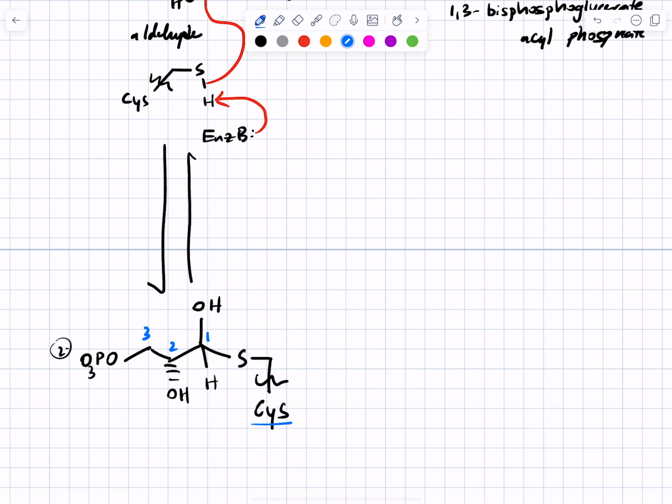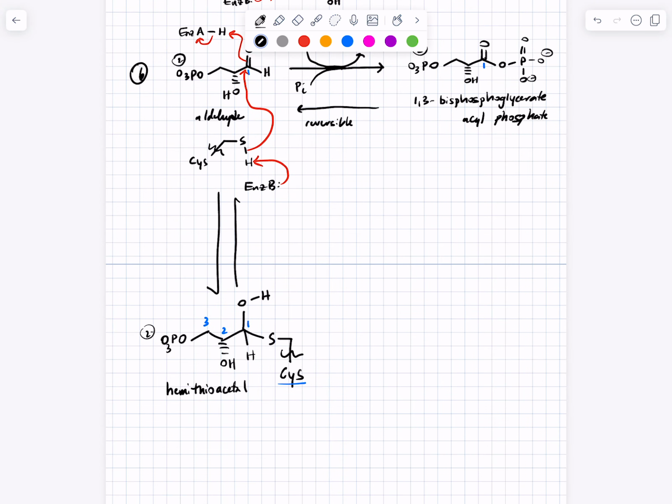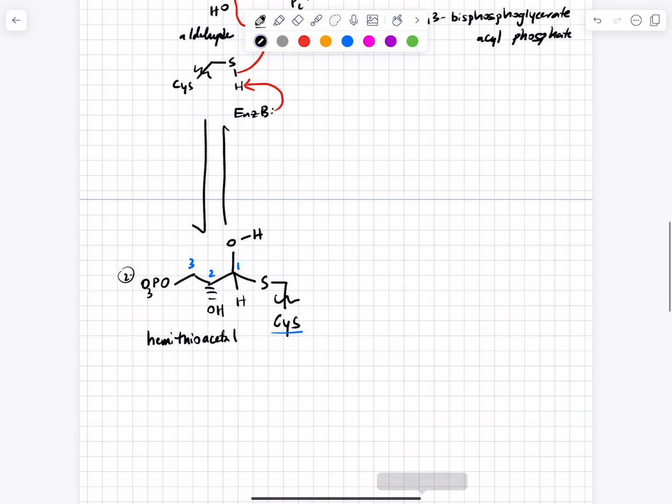This is a cysteine in the enzyme active site. And this intermediate is called a hemithioacetal. It would look like a hemiacetal if that were an OR group, an alcohol, but it's a cysteine, a sulfur, so it's a thioacetal. This hemithioacetal is the one that's going to get oxidized by NAD+.